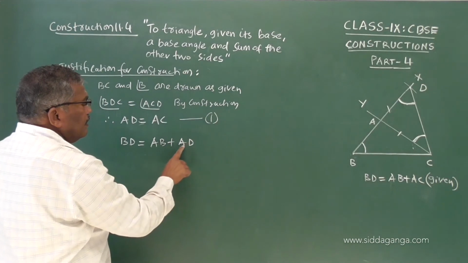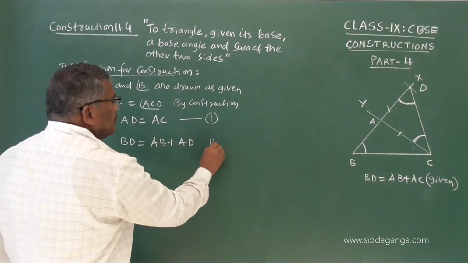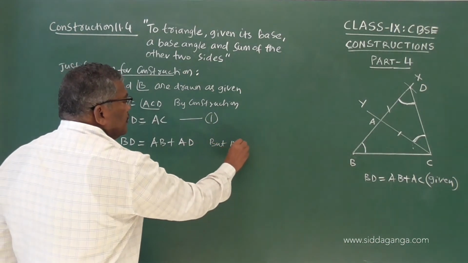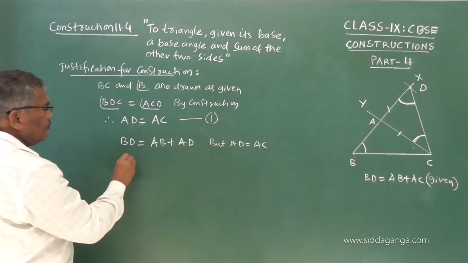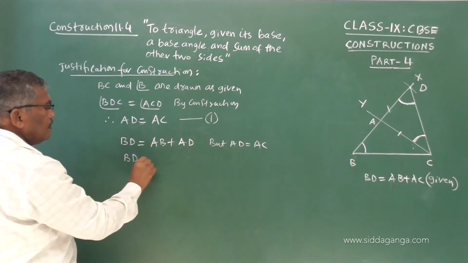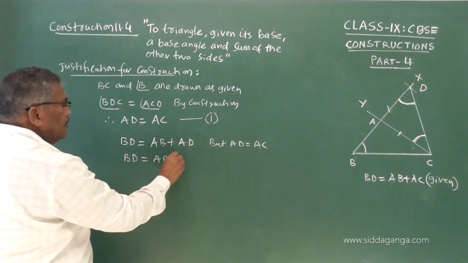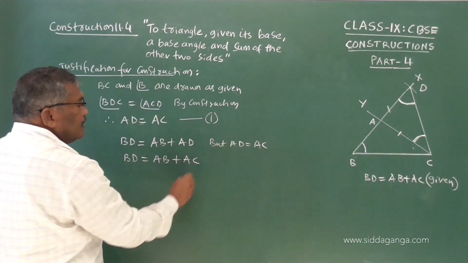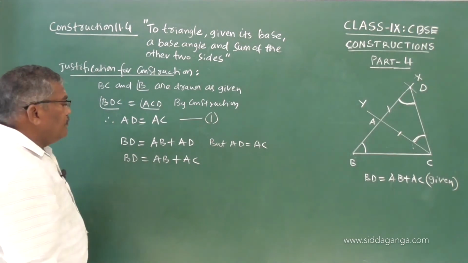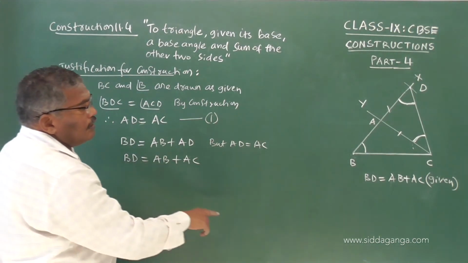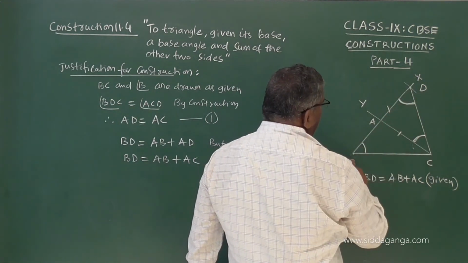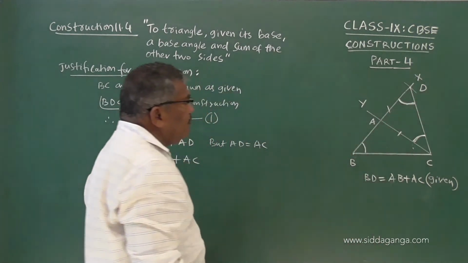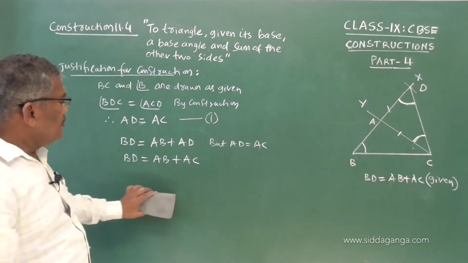As per 1, AD equals AC. So you substitute it, BD equals AB plus AC.